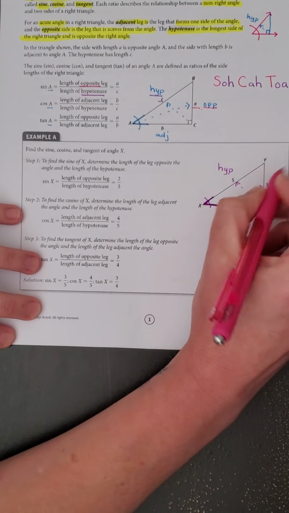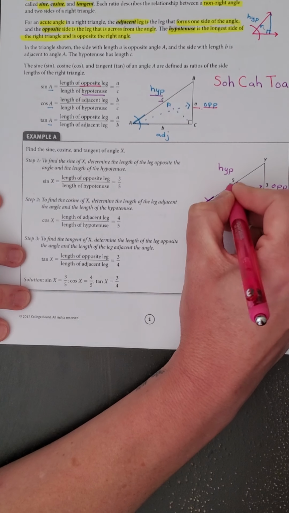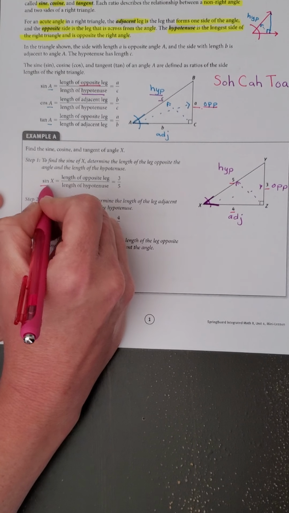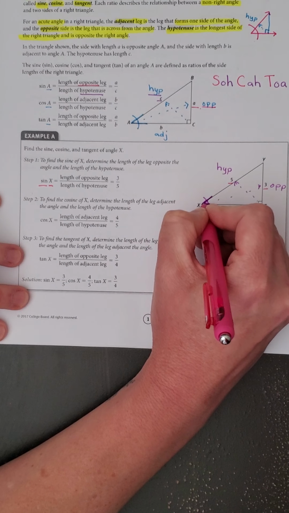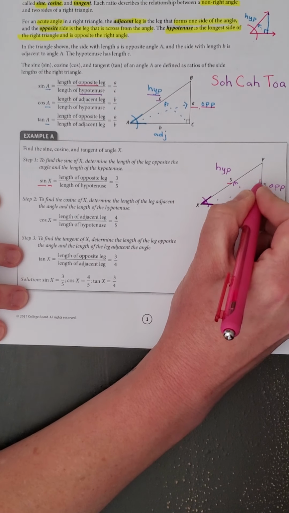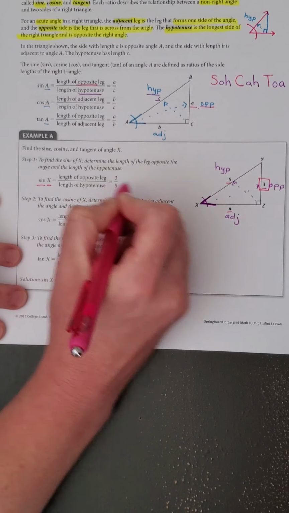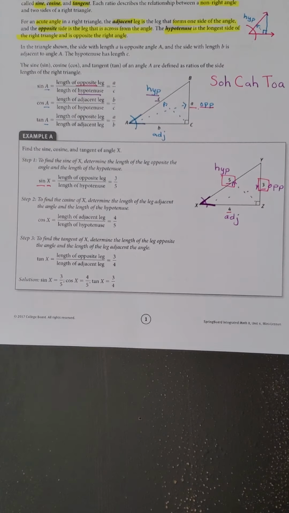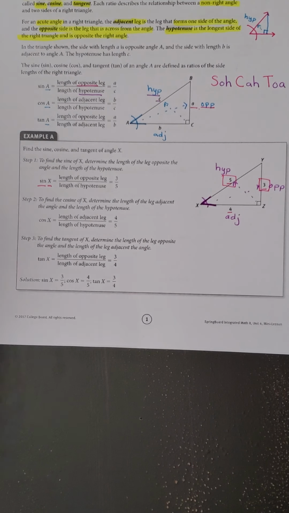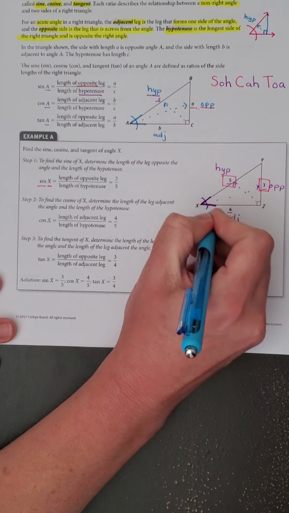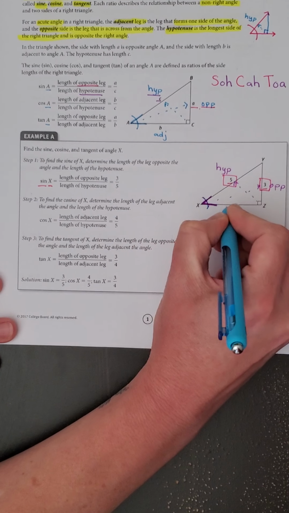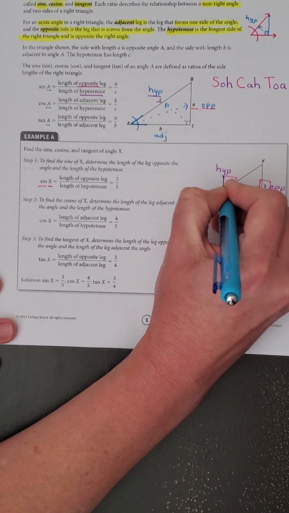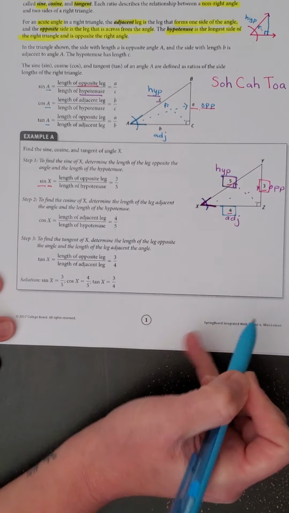Since the lengths are 3, 4, and 5, sine of x would be opposite, which is 3, over hypotenuse, which is 5: 3 over 5. Cosine of x would be adjacent over hypotenuse, so 4 over 5.